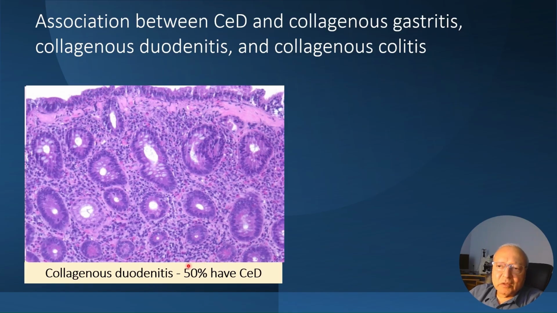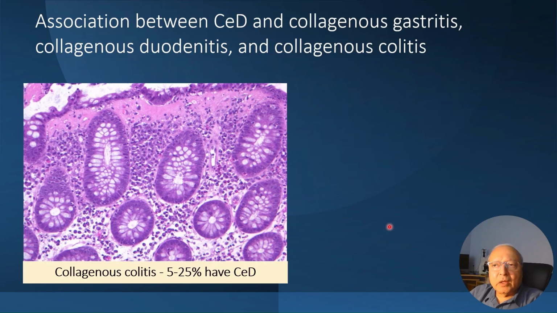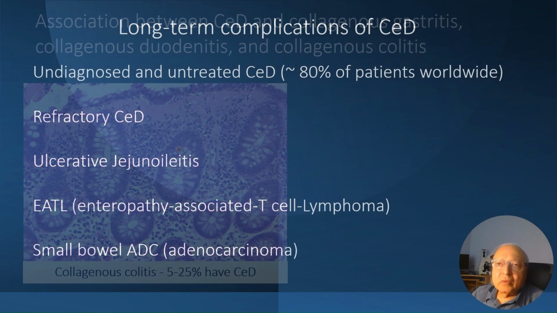And this is seen in about 50% of the patients who have celiac disease along with the collagenous thickening in the duodenum. And then collagenous colitis, about 5 to 25% of patients may have concurrent celiac disease. In appropriate clinical setting, it's worth investigating if the patients do have celiac disease in addition to collagenous colitis.